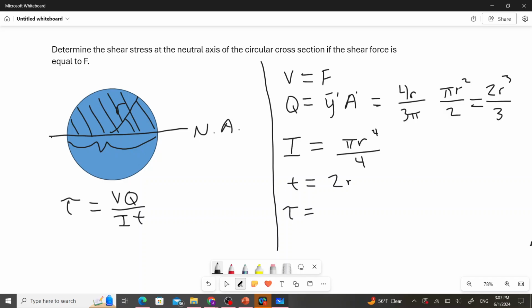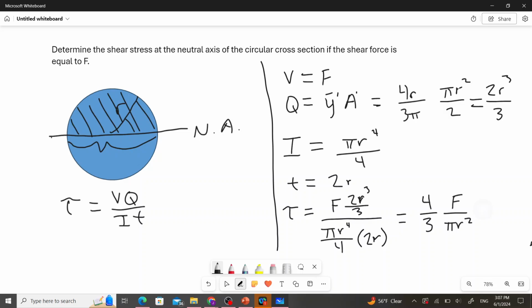So we'll end up with tau is equal to F times 2r cubed divided by 3, and that's all over pi r to the 4th over 4 multiplied by 2r, and we'll spare everyone the algebraic details, but that's going to be equal to 4 over 3 times F over pi r squared.